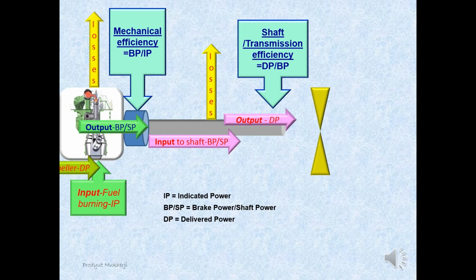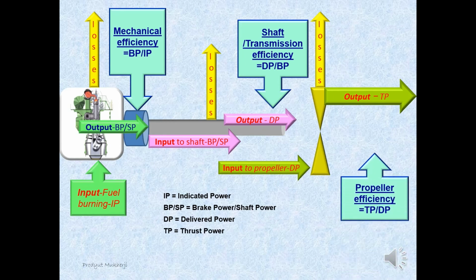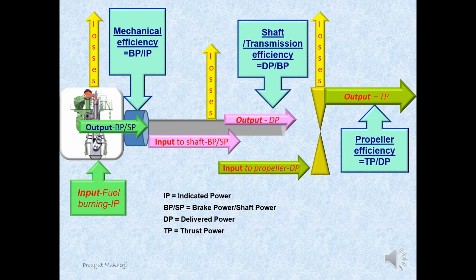And the third machine that comes is the propeller. Input to this propeller is delivered power. The propeller has its own losses. Output from the propeller is the thrust power. So the expression for propeller efficiency would be output by input: output is thrust power, input is delivered power. So this is about these three machines: the engine, the shaft, and the propeller.